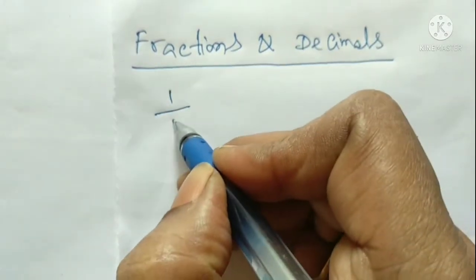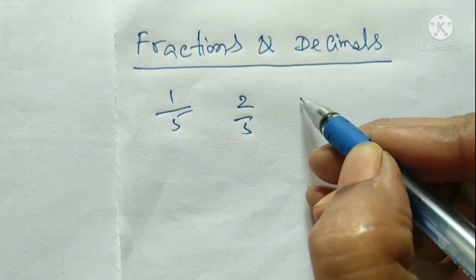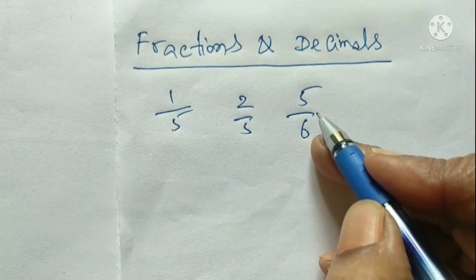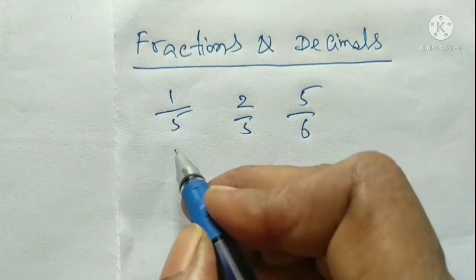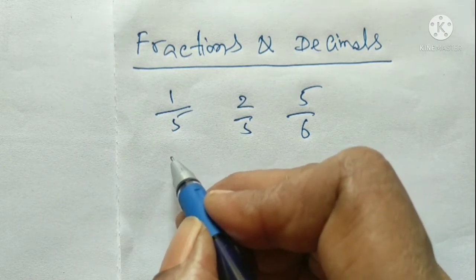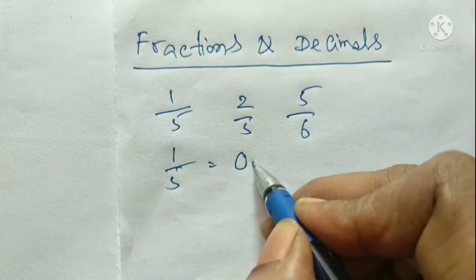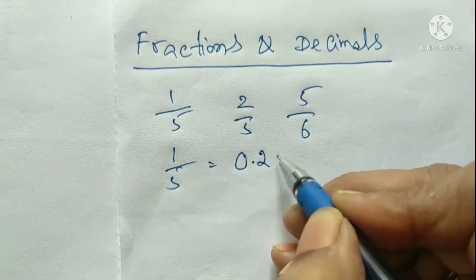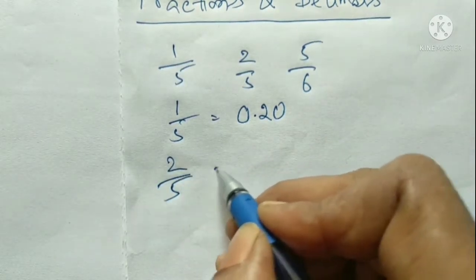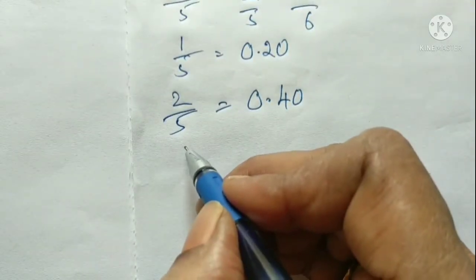We know that 1 by 5, 2 by 5 and 5 by 6 are called fractions. And let us see some of the decimal forms also. If you take 1 by 5, then this is equal to 0.20. And then 2 by 5 is equal to 0.40 and so on.